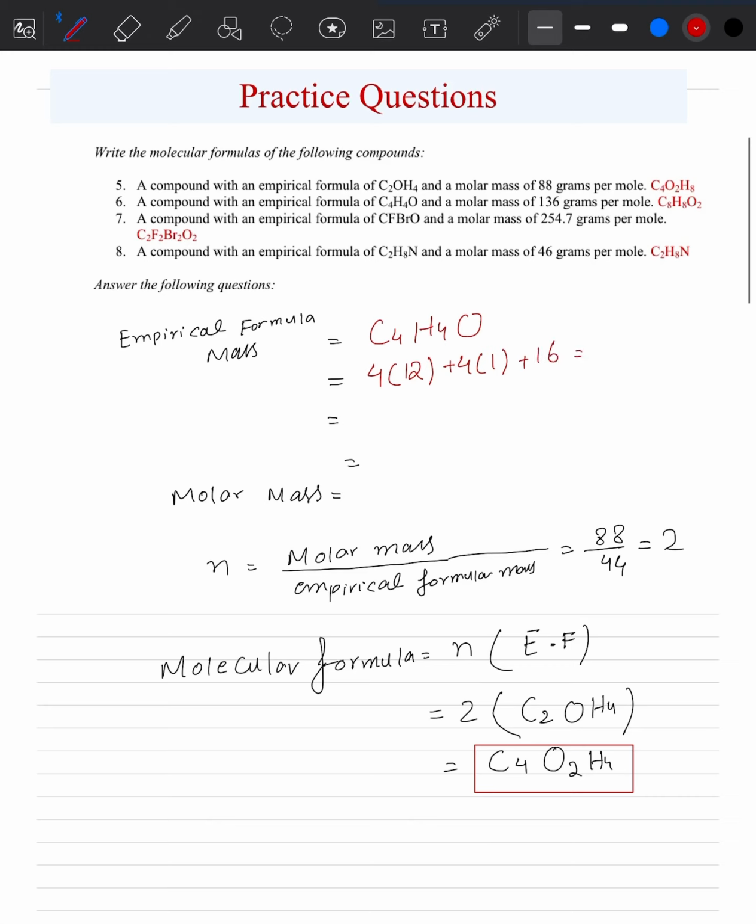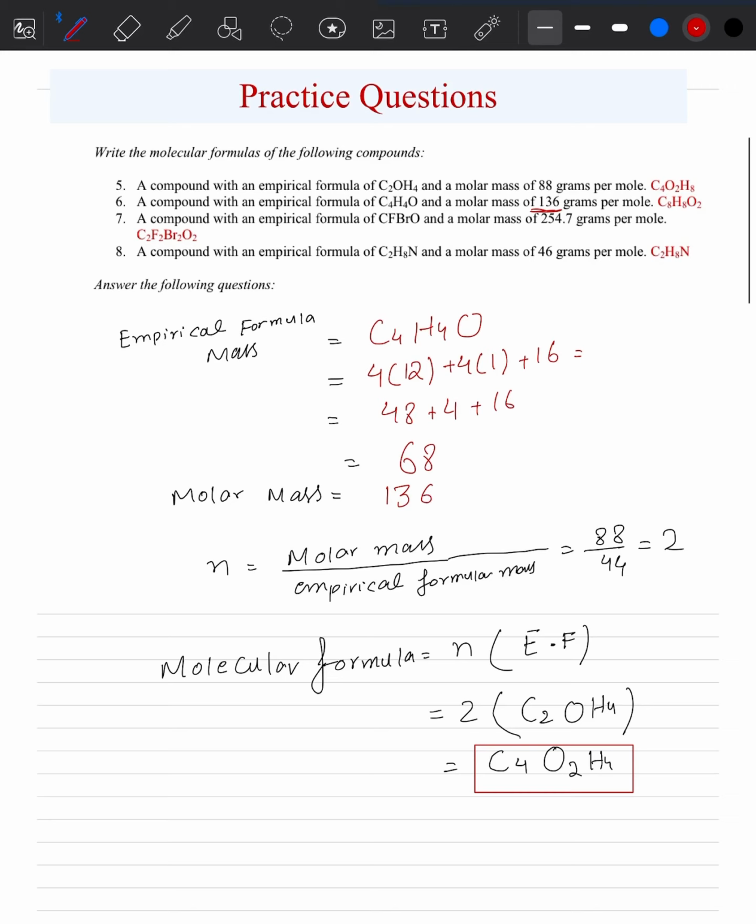So it will become 48 plus 4 plus 16. When we add them, we will get 68, and the molar mass of this compound is 136.